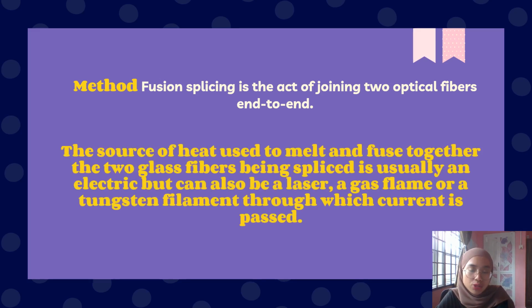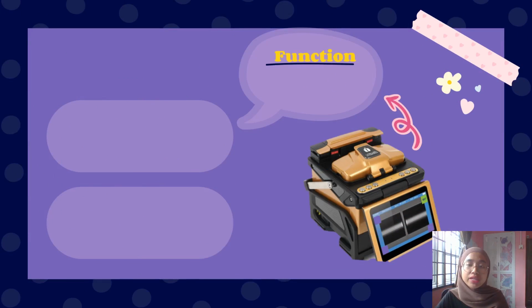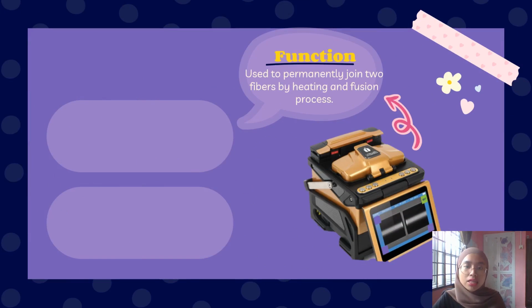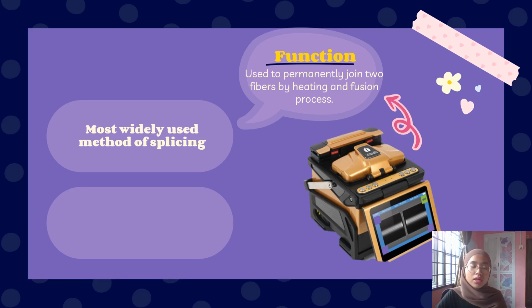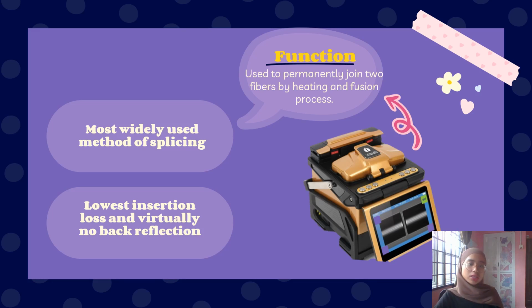The source of heat used to melt and fuse together the two glass fibers being spliced is usually an electric arc, but can also be a laser, a gas flame, or a tungsten filament through which current is passed. The function of the fusion splicer is to permanently join two fibers by heating and fusion process. It is the most widely used method of splicing, and it has the lowest insertion loss and virtually no back reflection.